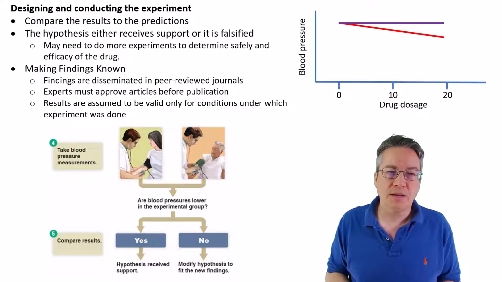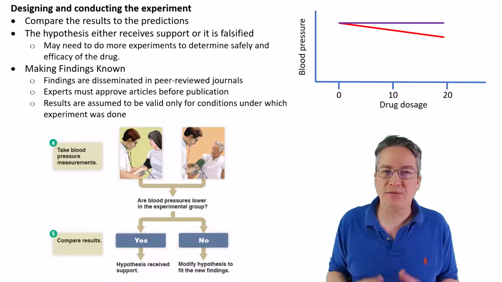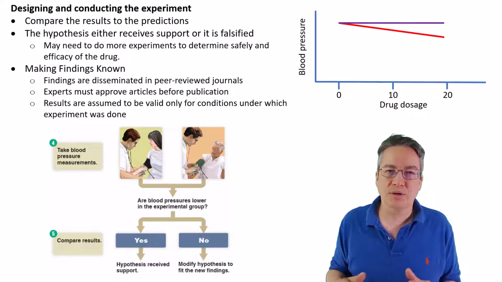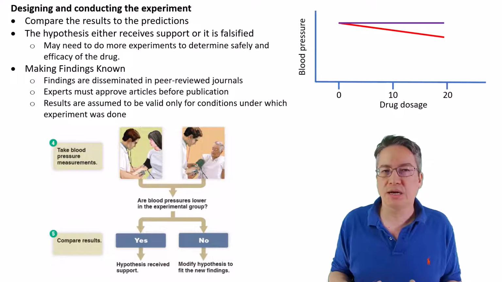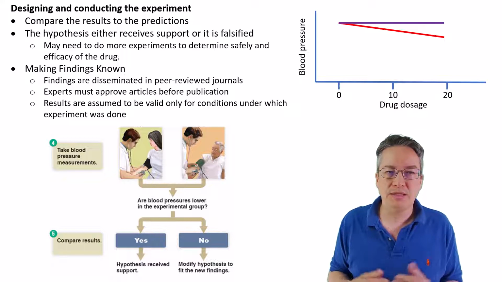There may also be more experiments needed to determine safety and efficacy of the drug. So we give it to certain patients, but maybe we have to be very careful about giving it to patients that are extremely old or have extremely high blood pressure. So new drug trials would have to be done with those groups to see how safe the drug is.